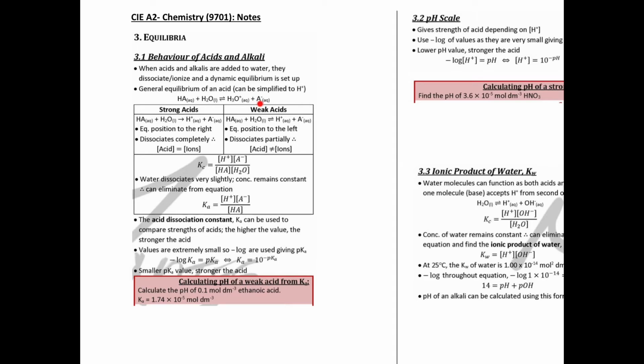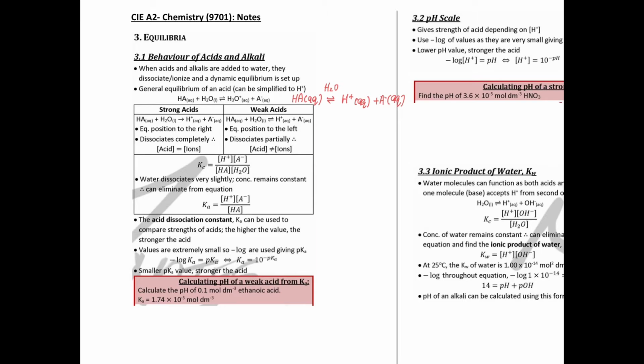So if you are using H+, then the equation is good to write in this way: HA aqueous, with H2O on top, H+ aqueous, and then A- aqueous.